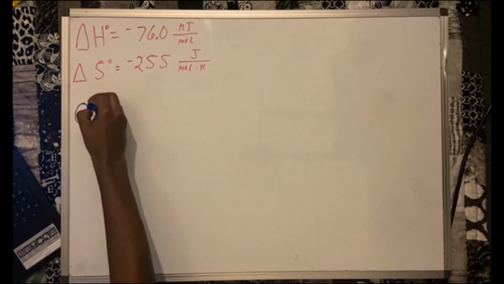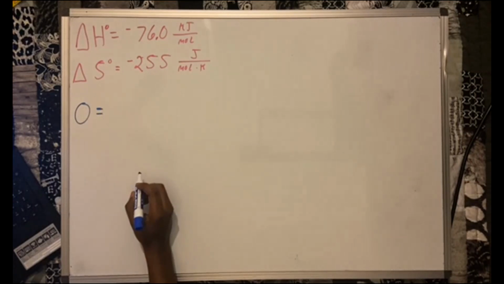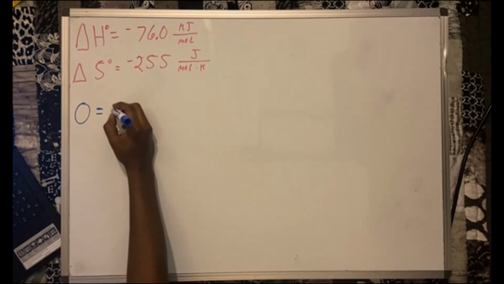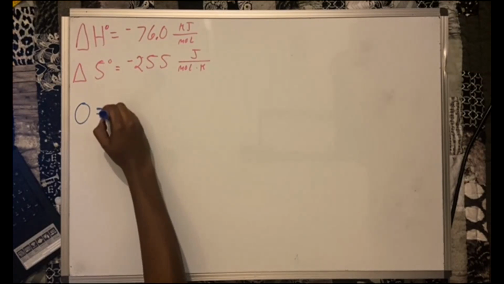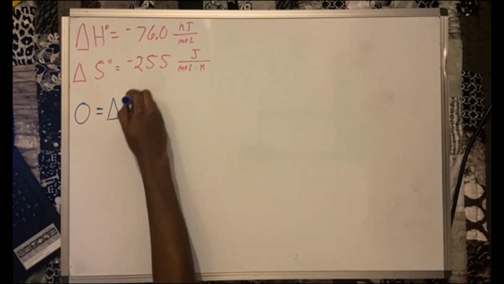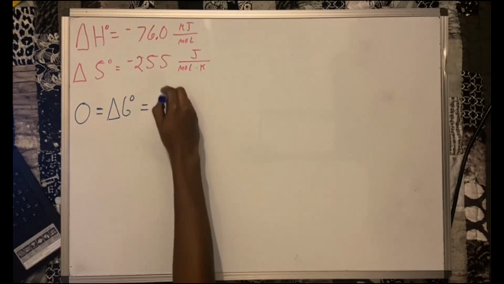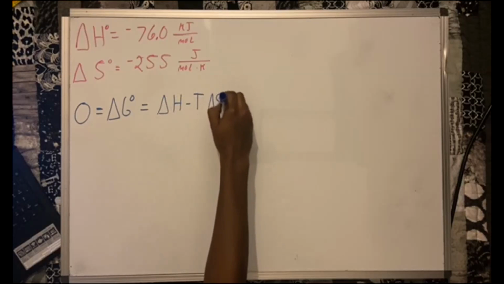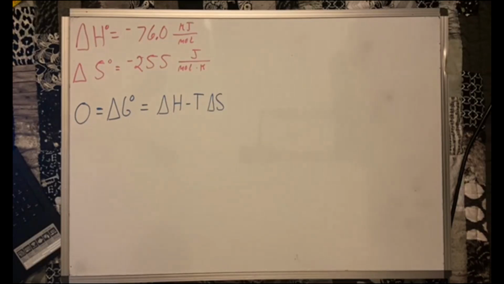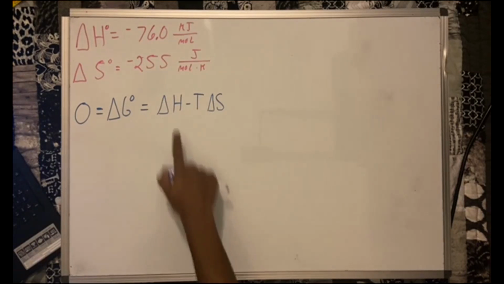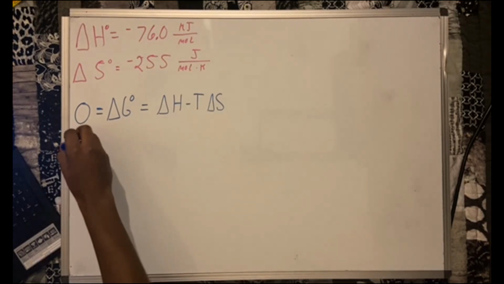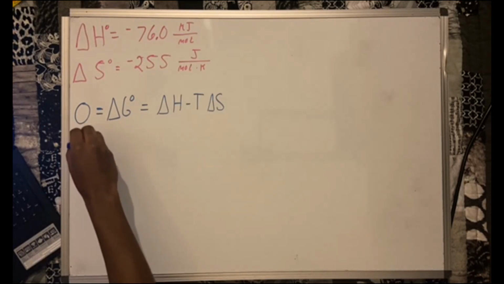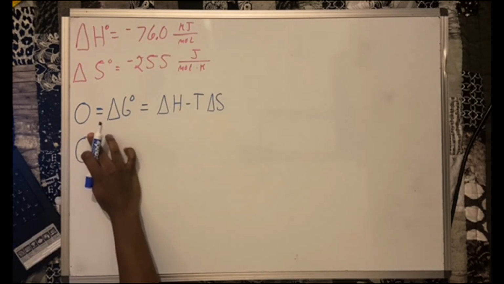We did something kind of like this, right? 0 equals our formula for delta G: delta G naught equals delta H minus T delta S. So I know these two numbers, right? So I put 0. Ooh, 290. Yeah, 298. Yes, you're right.